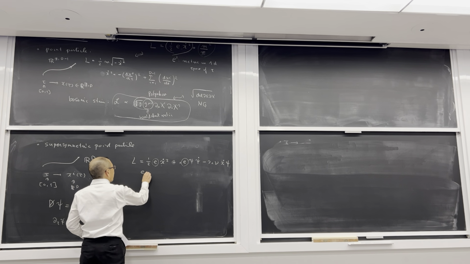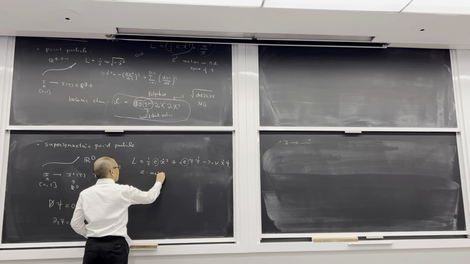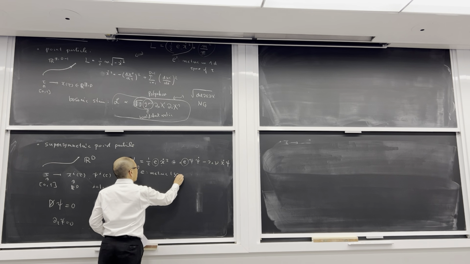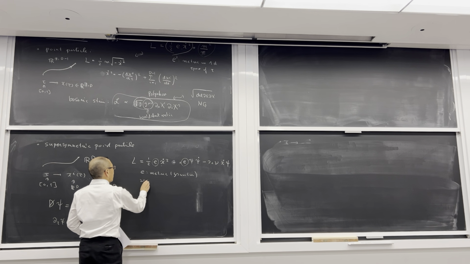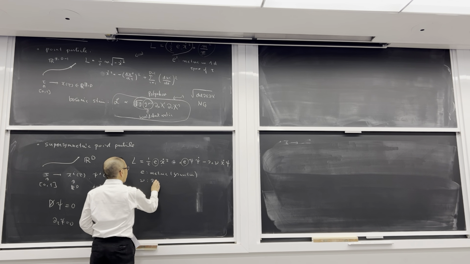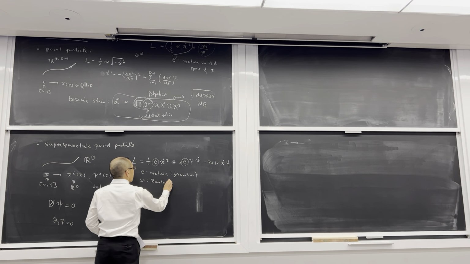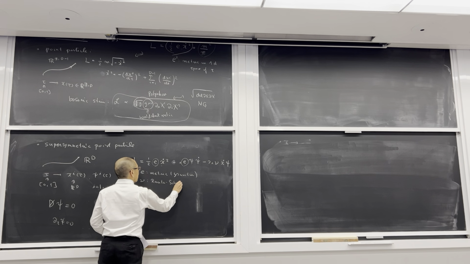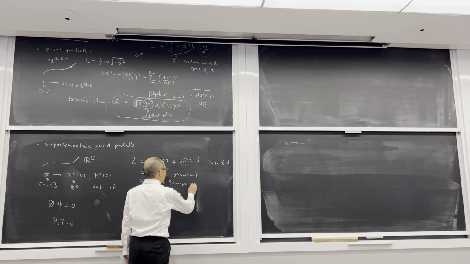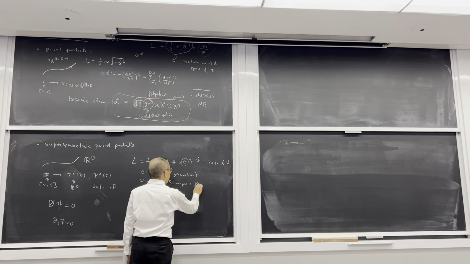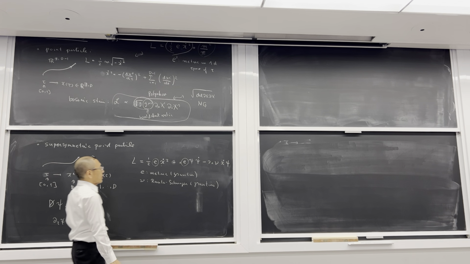So E is a metric, or graviton, and nu is called the Rarita-Schwinger field. These are the people who introduced this field, and it's called the gravitino in 2 dimensions.